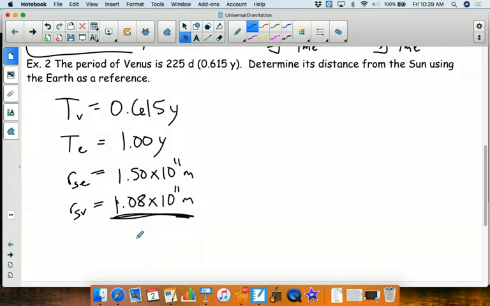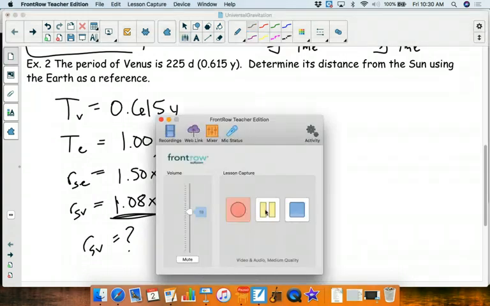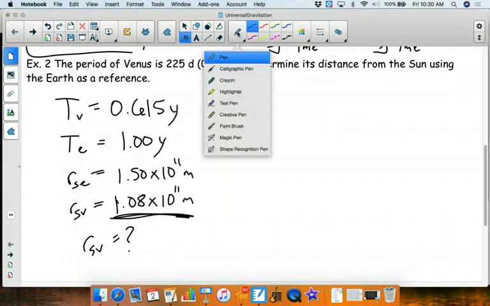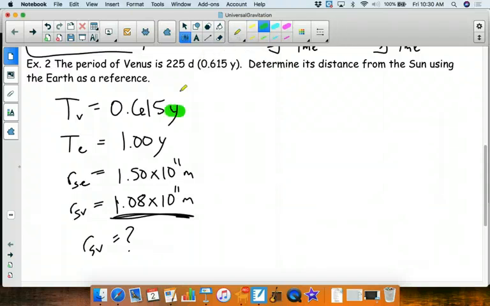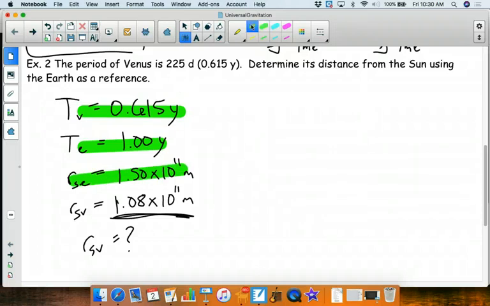So this is from the data that we know, but we want to figure this out: from the sun to Venus, using Earth as a reference. So we know this, this, and this, and the answer should be this. So we need to calculate this.